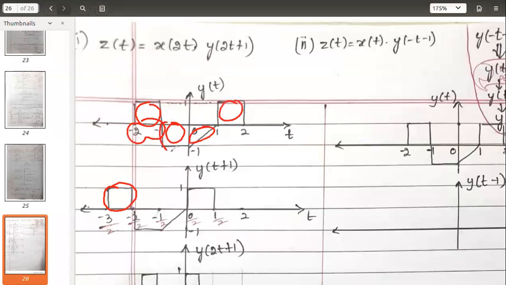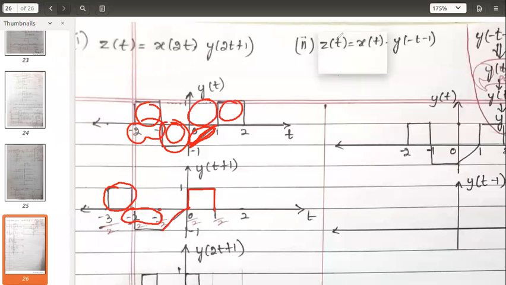Then this pulse, -1 and 0, negative pulse, is now between -2 and -1. Then there is a ramp signal. This ramp will get shifted between -1 and 0. And between 1 to 2, a positive pulse. If you shift this completely here, you will be getting a pulse like this between 0 to 1.